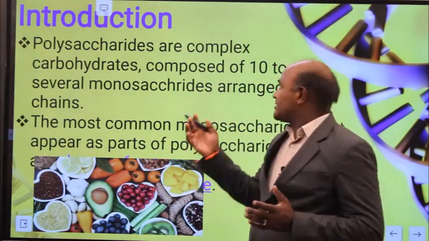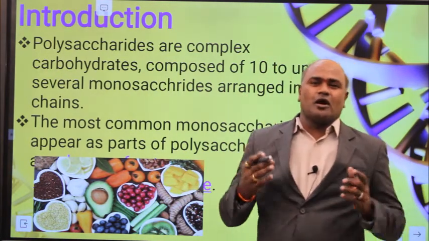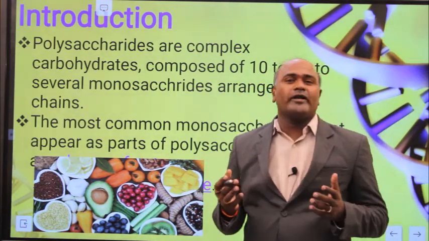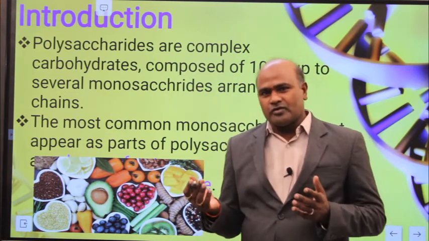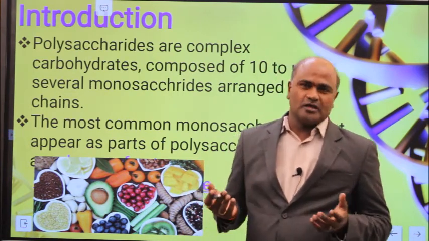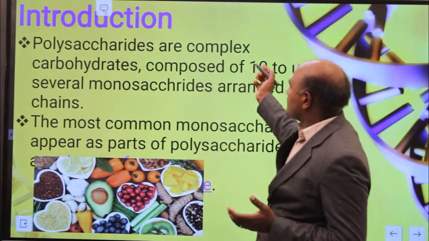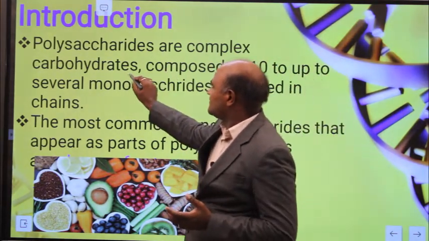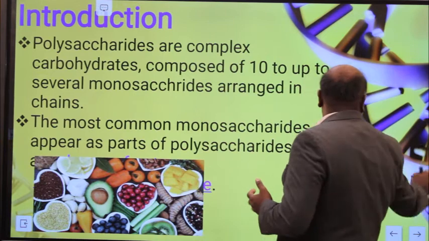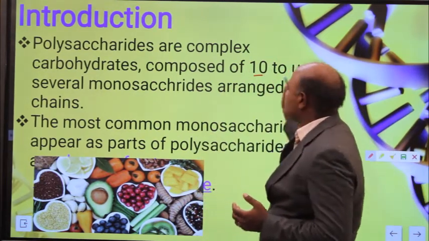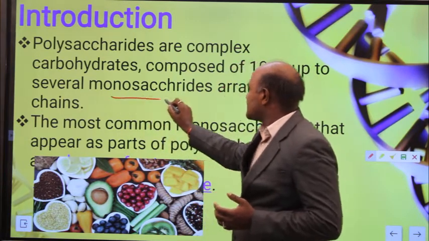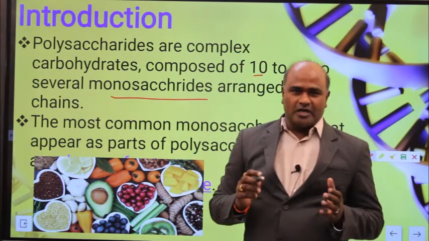Introduction: polysaccharides are complex carbohydrates. What is a carbohydrate? In the previous lecture we learned that carbohydrates are made up of carbon, hydrogen and oxygen. Polysaccharides are complex carbohydrates composed of 10 up to several monosaccharides arranged in chains.